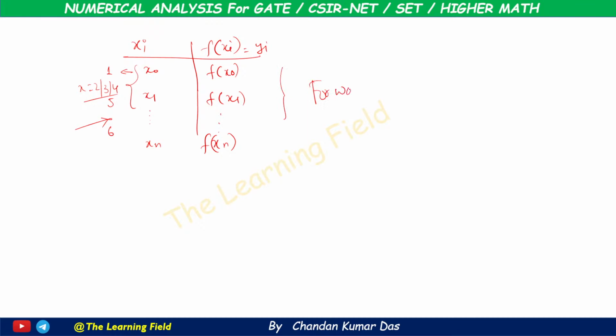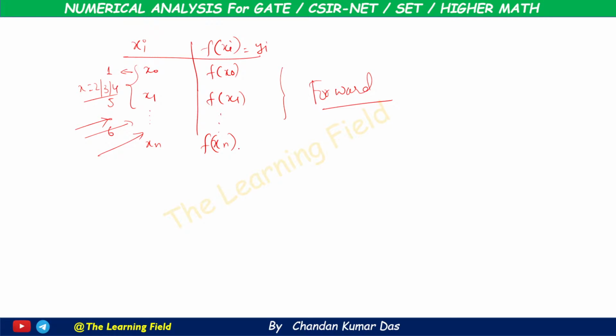And if the point at which we have to find the value of f of xi using interpolation lies at the end side or back side of the table, then we use backward interpolation. That's why the two names of these interpolations are forward interpolation and backward interpolation.